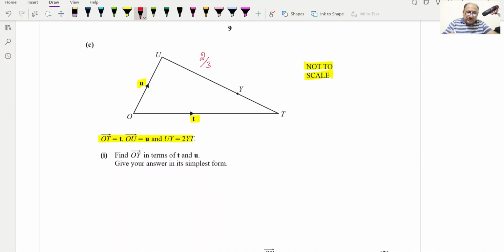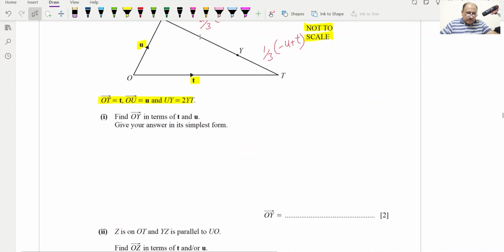This is 2 by 3 and this is 1 by 3, and this will be minus u plus t, taking this minus u and this direction. Hopefully you understood what we have done.